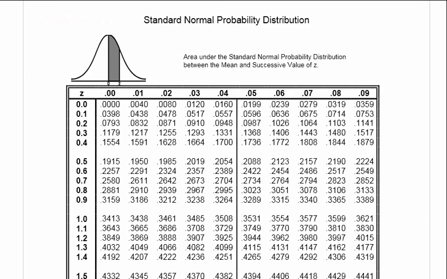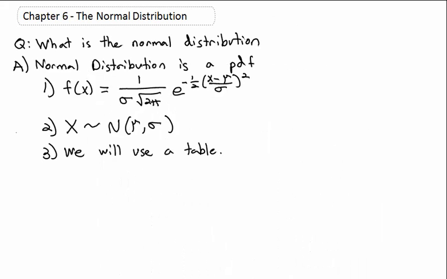And in class yesterday, you should have gotten this table given to you. This is the normal distribution table. We'll talk more about how to use it later. But as you saw in the little graphic, the normal distribution starts shallow and comes up in a bell curve shape and then levels off.